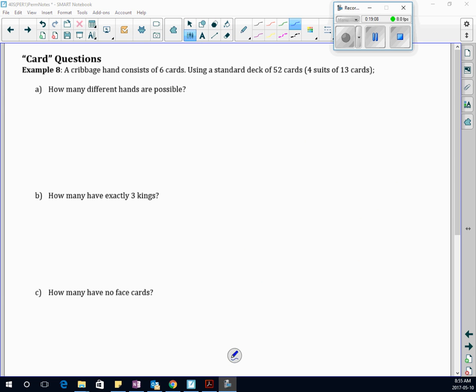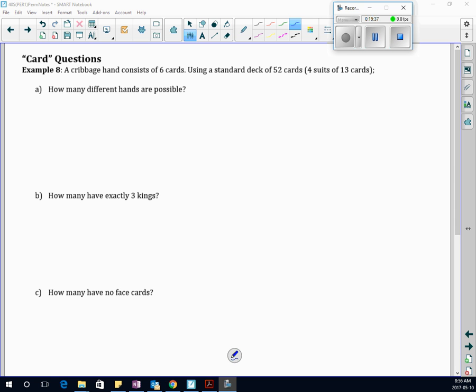Does everybody know what a deck of cards consists of? 52 cards, 4 suits of 13 cards each. So if a cribbage hand consists of 6 cards, does everybody understand, unlike the video that we watched where they were saying the order was important, usually in a card game the order doesn't matter. You can switch your cards around, right? So this is a combination question.